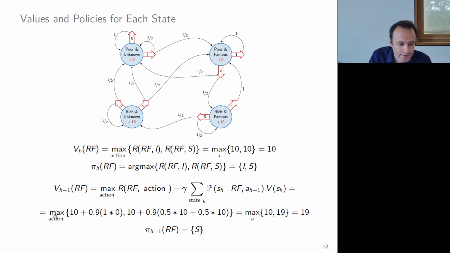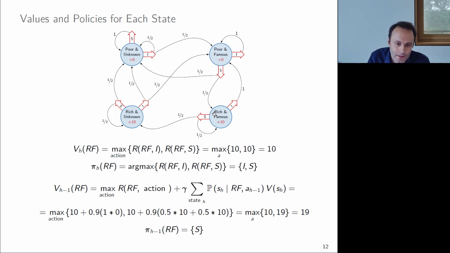We take the maximum of the plus 10 that we get by being rich and famous in H minus 1, plus the discount factor 0.9 times, if we invest, then we become poor and famous and get 0. So 0 times 0.9 is still 0.